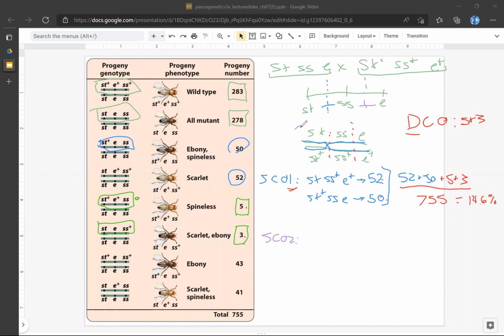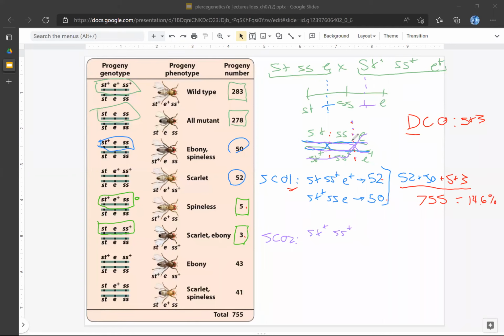And just like we did before, we are going to see crossing over happen right here and right here at this locus. And so we can once again follow the line: ST plus SS plus E.